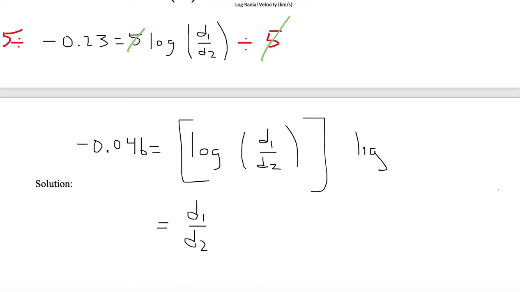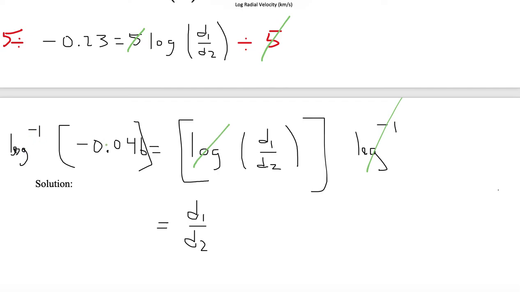Inverse log on the left-hand side as well. This will just leave us D1 over D2 on the right-hand side because inverse log and log cancel each other out.